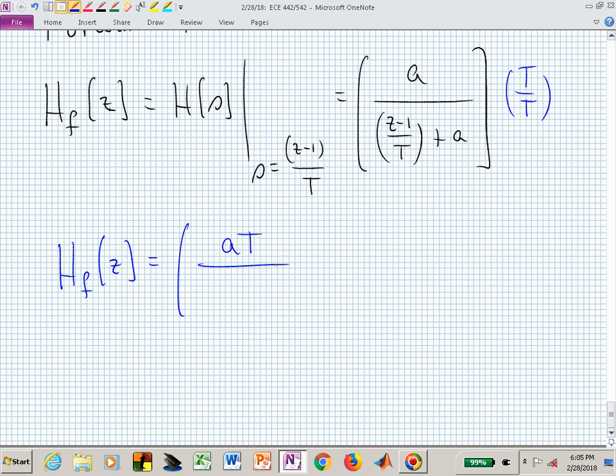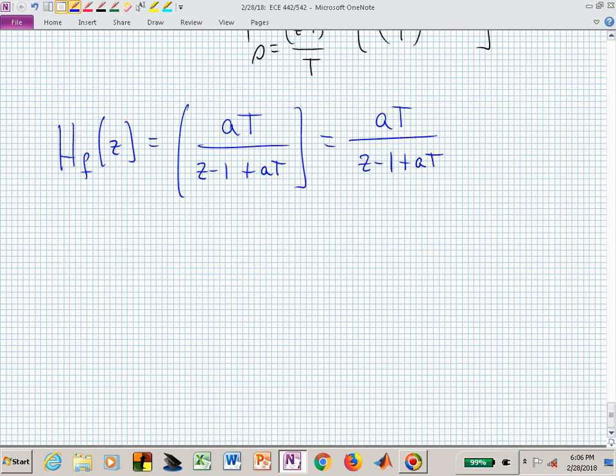The first factor in the denominator just becomes z minus 1 because I'm multiplying by capital T. And the last term in the denominator is AT. So that now I have AT over z minus 1 plus AT, and that's supposed to be a low-pass filter in the discrete time setting.